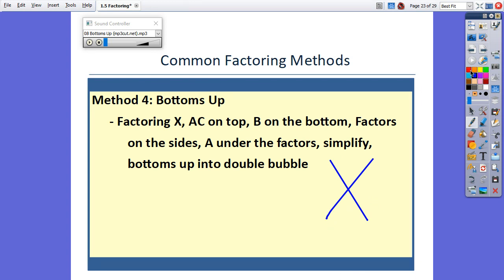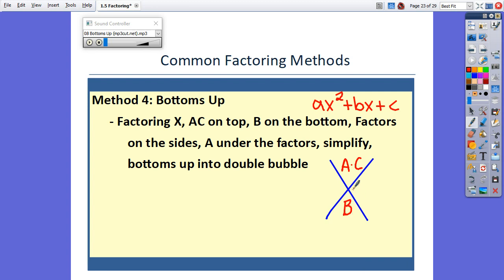And so what we do is we do whatever the A value is. So in a quadratic, so it's 3 terms, our A is the quadratic term's coefficient, and then our C is the constant. So we're going to do A times C and figure out what that is, and that goes on top. And then we want to put whatever the B value is at the bottom.